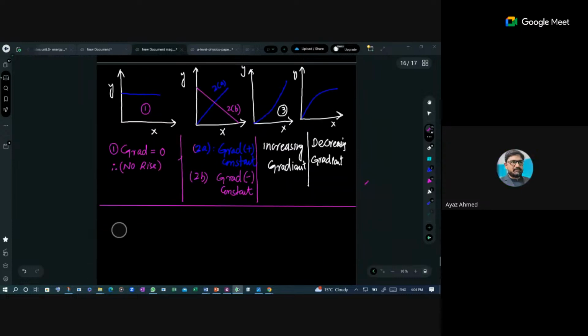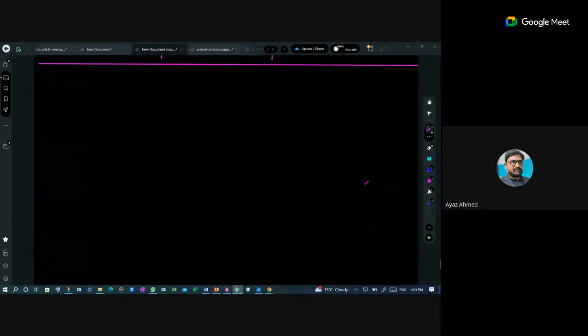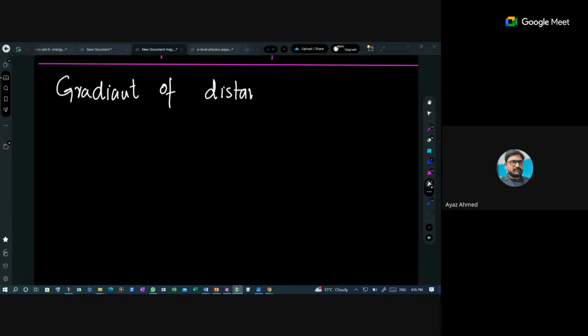Now let's talk about another segment, how to calculate area. Wait. I have to address another thing. As I was talking about the gradient, the gradient of a distance time graph, if you have a distance and time graph, gives you speed. You have to memorize these, then it would be quite easy for you to understand and solve the questions.